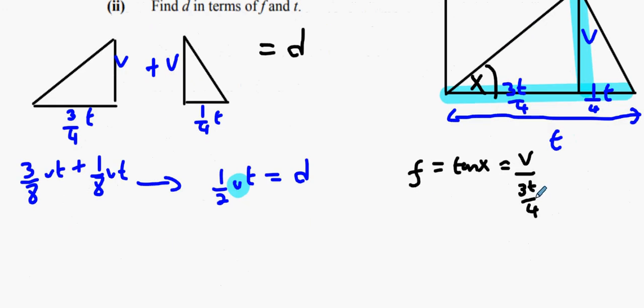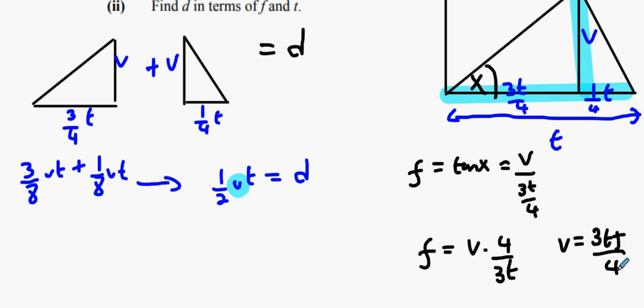Just turns upside down, so it's going to be f equals v times 4 over 3t. And what we're going to do is isolate v, aren't we? So how do you isolate v? It's going to be v equals 3tf all over 4. And then sub it in here.